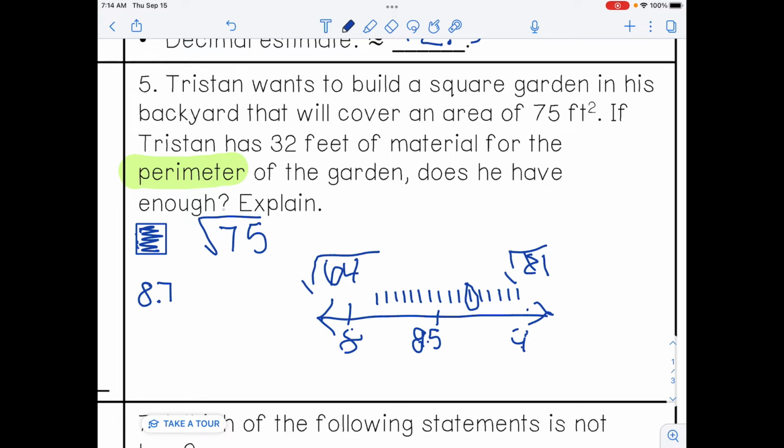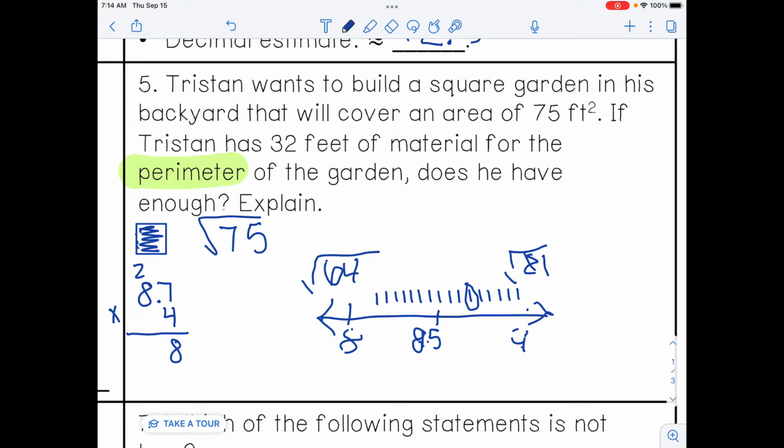So I will look at 4 of the 8.7s for perimeter. 7 times 4 is 28.